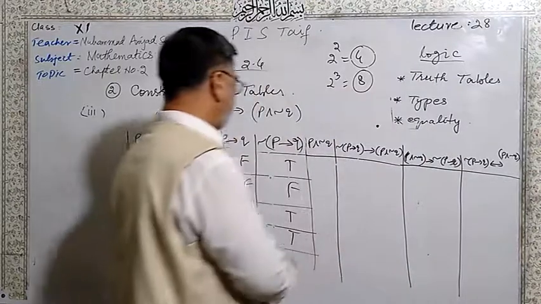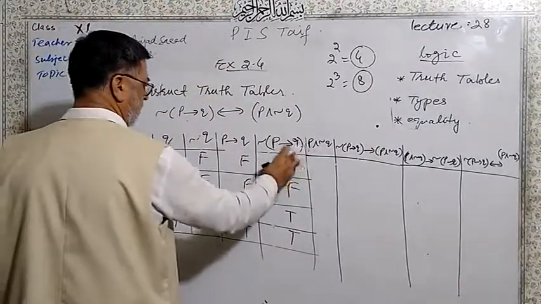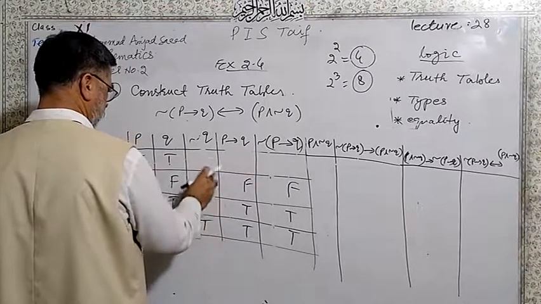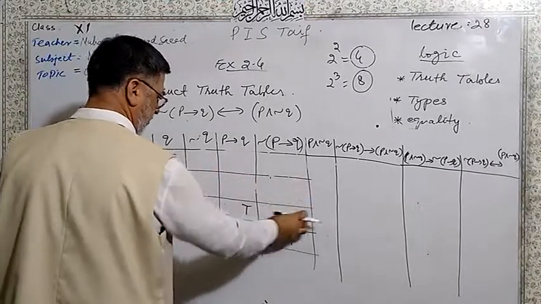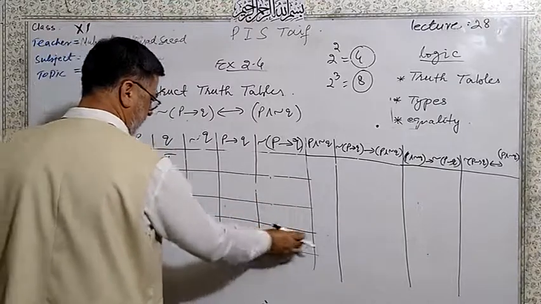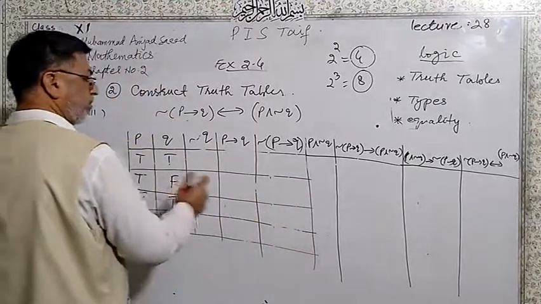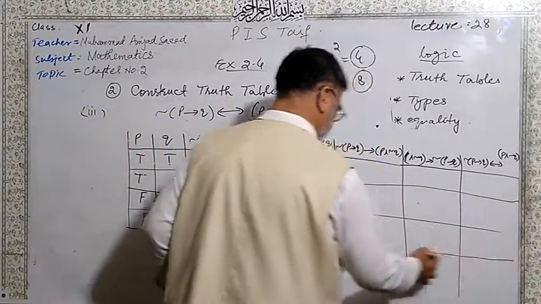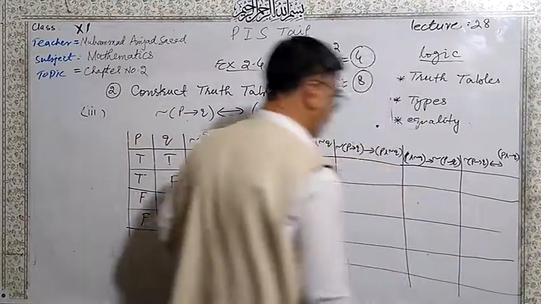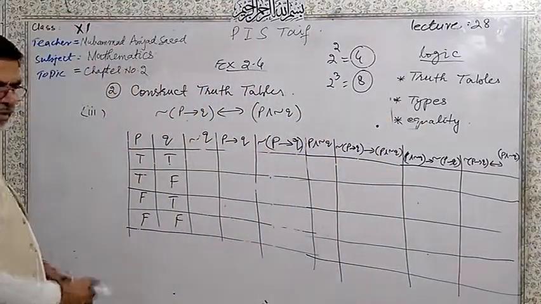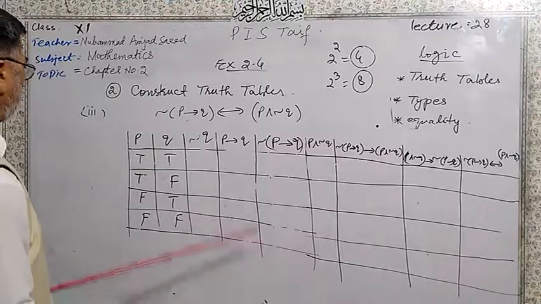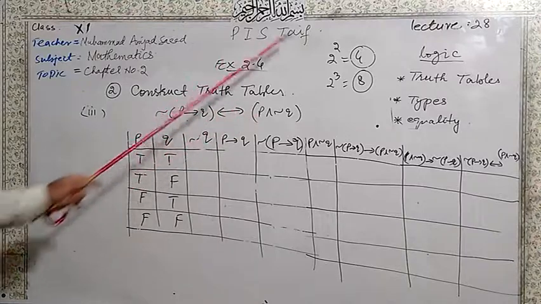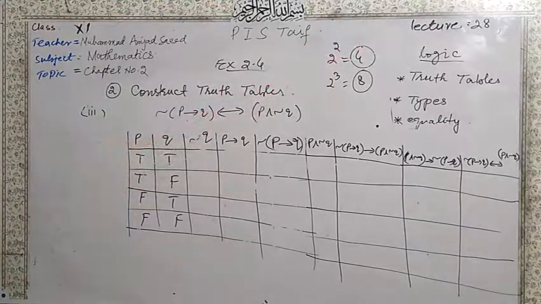Dear students, actually we have to make it according to our statements. Given the conditional, again we have two possibilities, P and Q. There are a total of 4 possibilities.